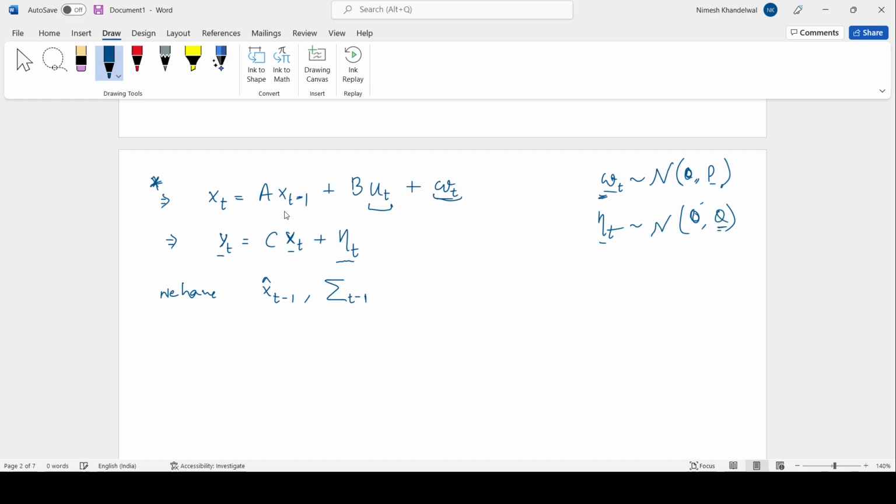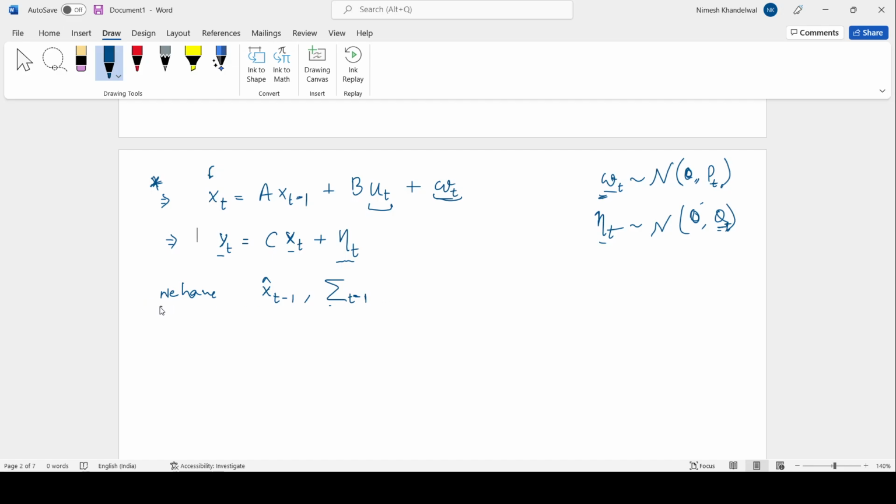Q is my measurement noise, or the noise in the sensor. And this sigma of t minus 1, I should write these as Pt and Qt, is the measure of uncertainty in the state. So x hat and sigma are the mean and covariance associated with the random variable x.